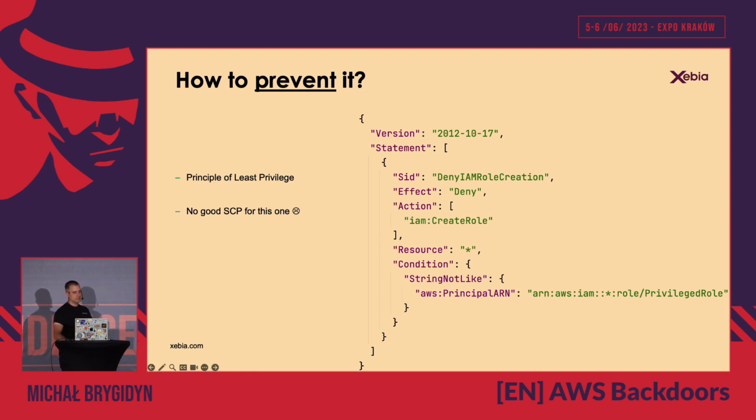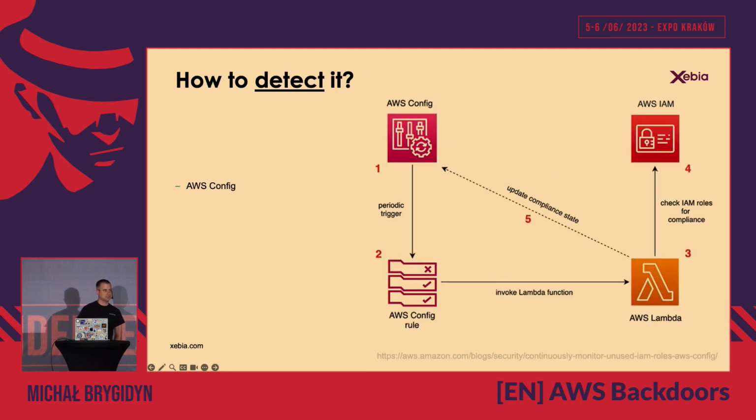So either you have to prevent the whole create role action, unless you are a privileged role, or you just need to be sure that you will detect these kinds of trust policies immediately with, for example, AWS Config that will trigger Lambda. Lambda will check the content of the policy and then will mark the role as non-compliant.